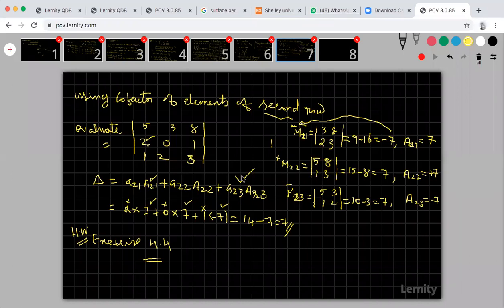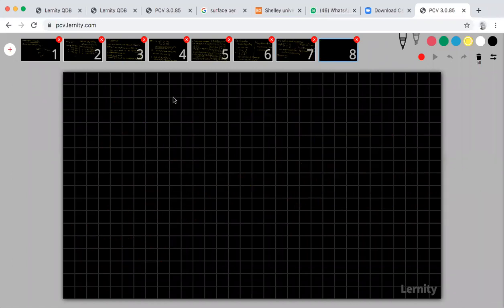Okay, so the next one is the adjoint. I hope that you can easily understand the minus signs and cofactors. The next one is the adjoint of a matrix.